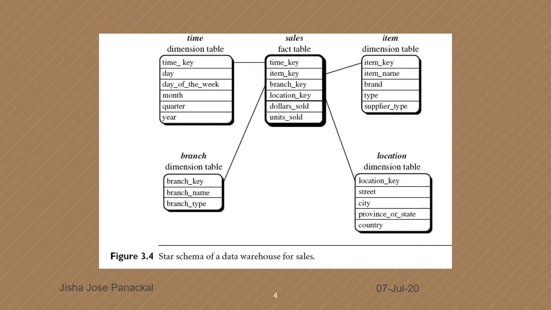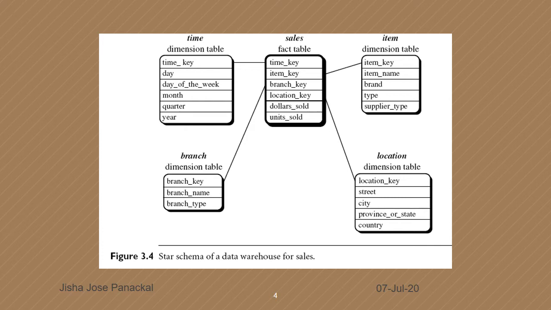So we have 4 dimensions: time key, item key, branch key and location key. And here we have 2 measures. One is dollars sold and the other fact is units sold. We have included one more fact in this schema. So that is the fact table for sales.